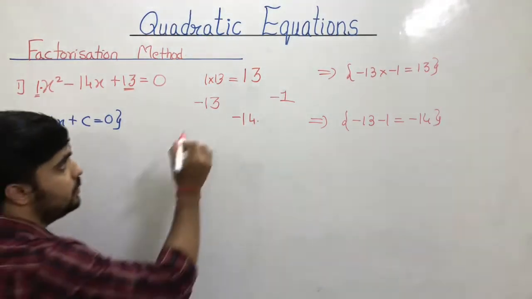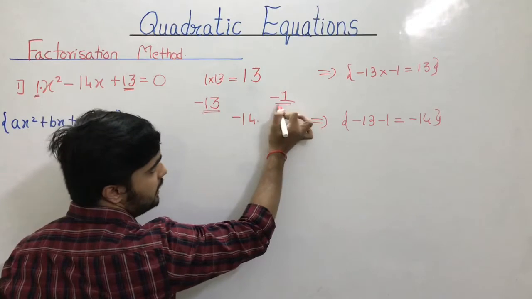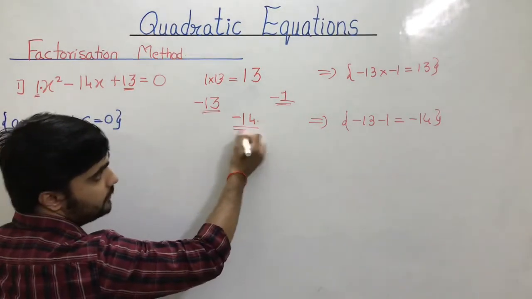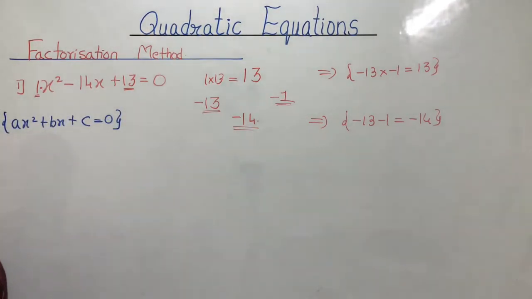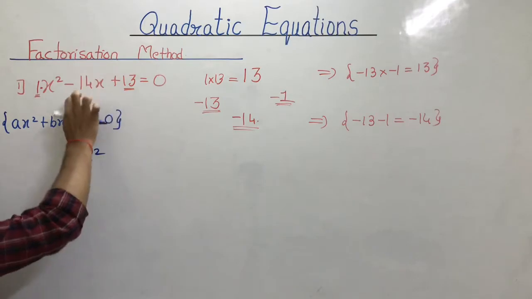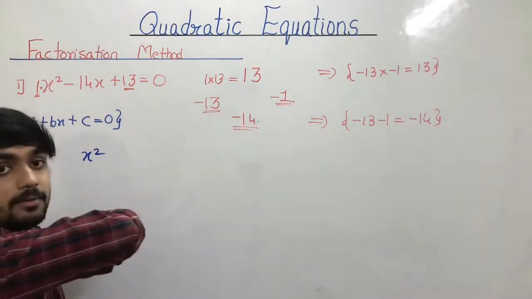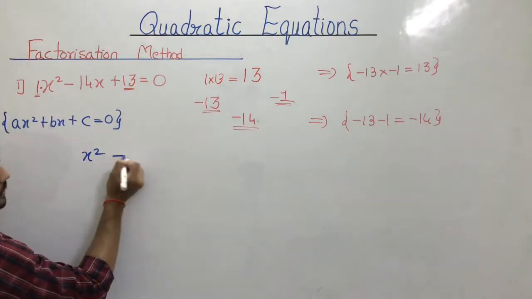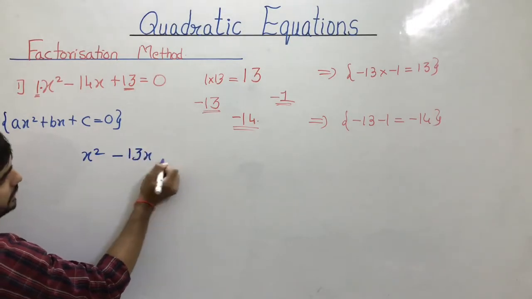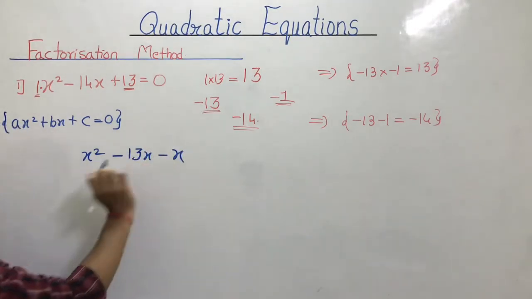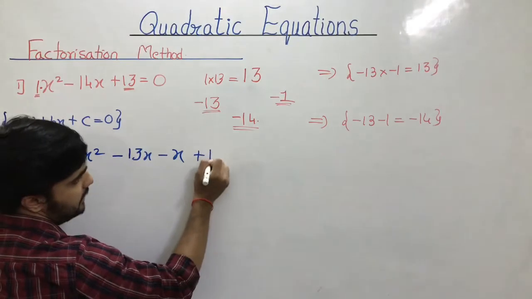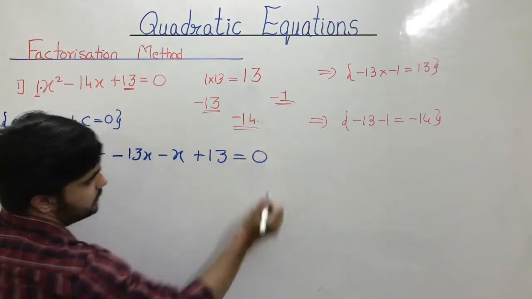So what we have to do is write this minus 13 and minus 1 in place of this minus 14. So the equation will be x square, and in place of minus 14x, we'll write minus 13x and minus 1x, plus 13 is equal to 0.